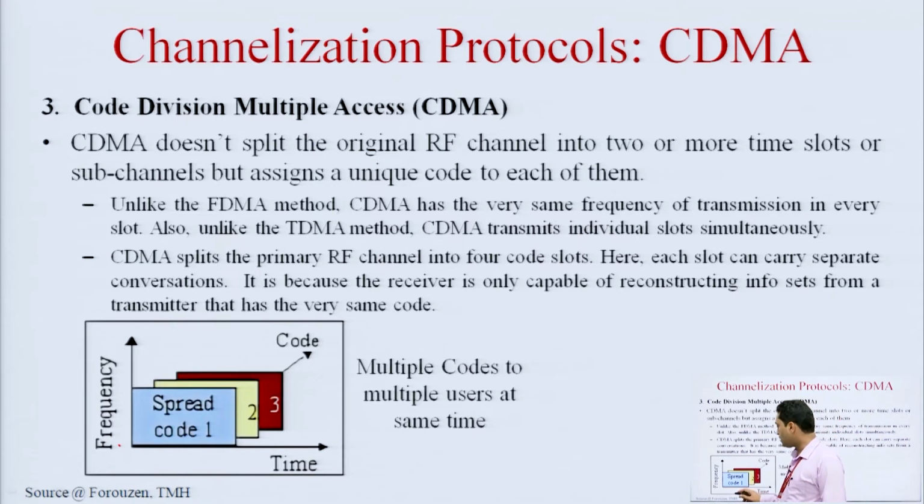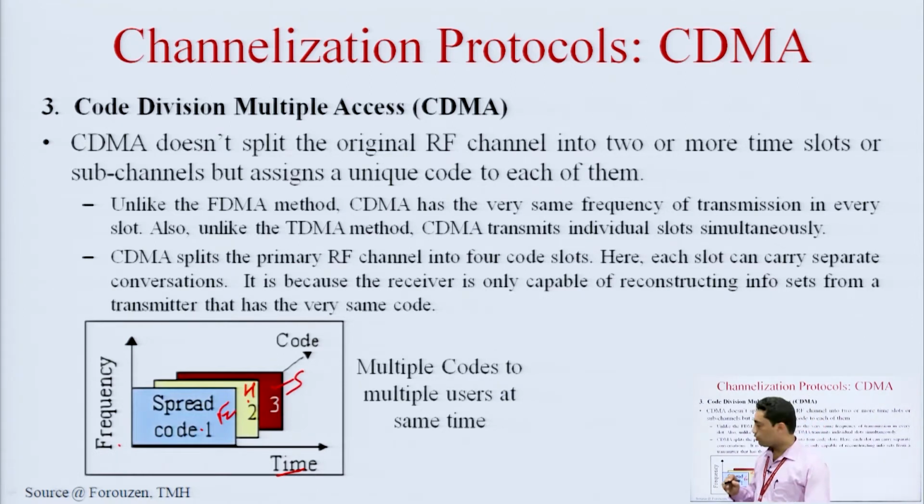So, this is known as code division multiple access, where multiple users are accessing the resources based on the defined codes. You can see here a 3D representation: this is time, this is frequency, and at the same time and frequency multiple codes are defined. Maybe you can treat this as English, this as Hindi, and this as Spanish.